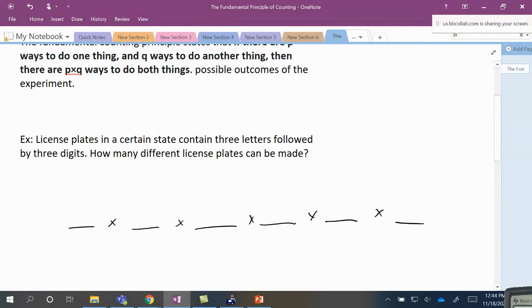For the 3 letters up front, we'll determine the number of possibilities. Since there are 26 letters in the alphabet, there are 26 choices for the first character, 26 for the second, and 26 for the third. Next, we'll look at the choices of digits. The digits are 0 through 9, which gives us a choice of 10 for all 3 remaining characters.